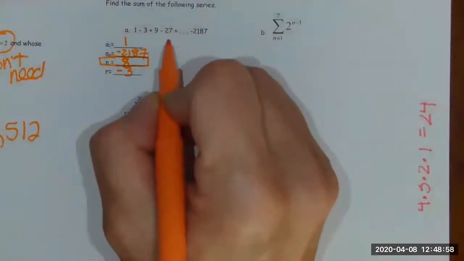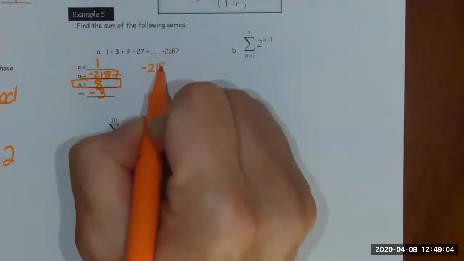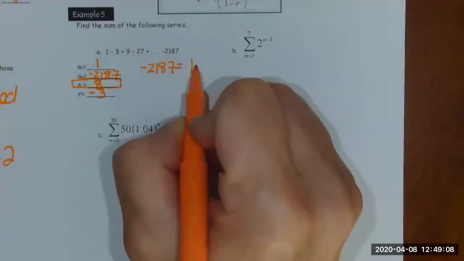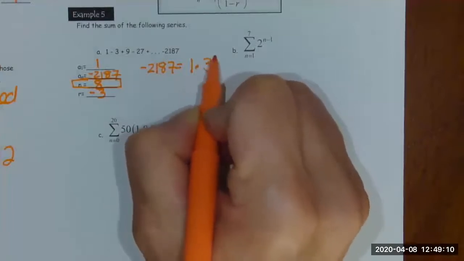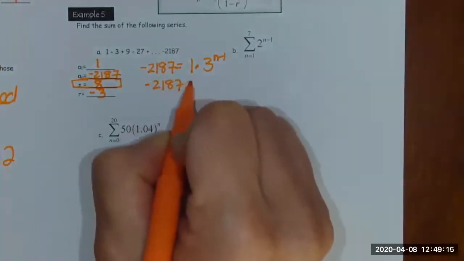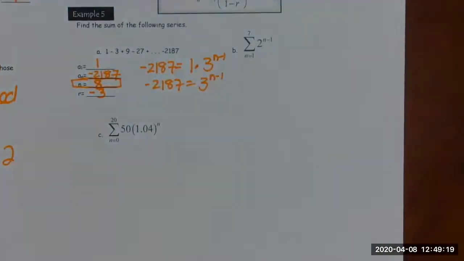Well, I have this formula, and I can say negative 2187 equals 1 times negative 3 to the n minus 1. So I could go to my calculator. Now I can do one of two things.